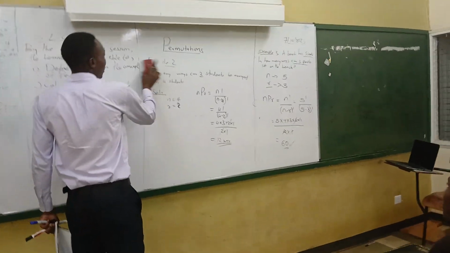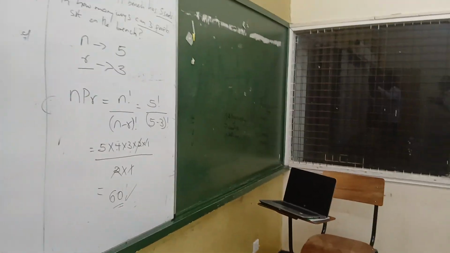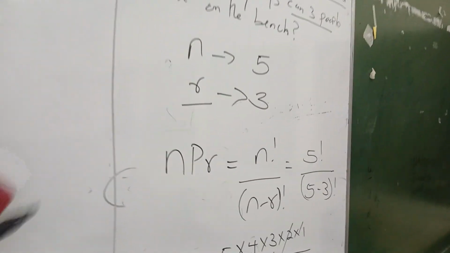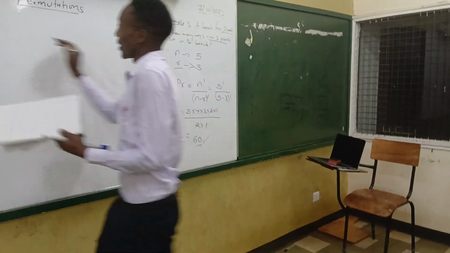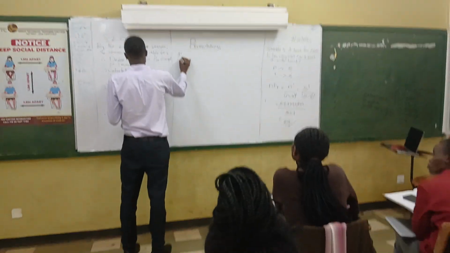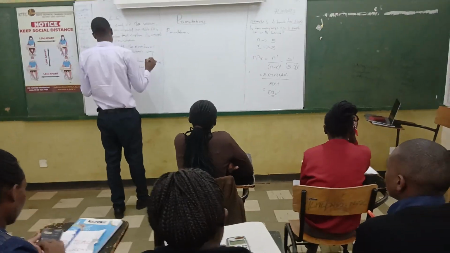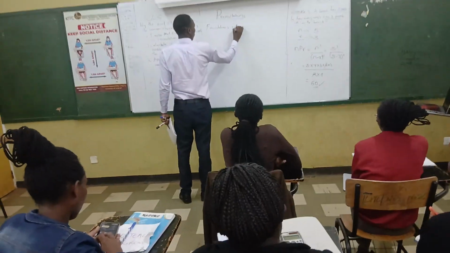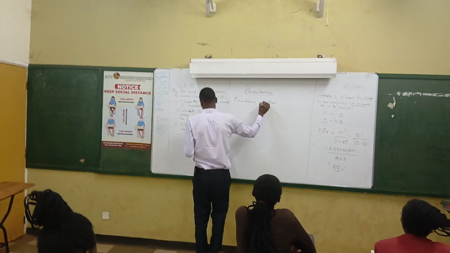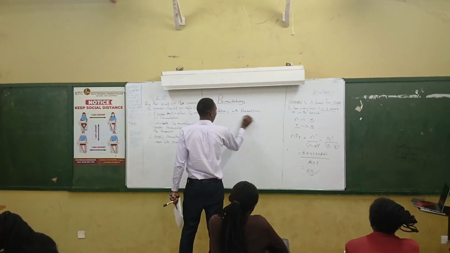Now, I want us to look at what happens when the permutations are repeated. The last bit on this is permutations with repetition.